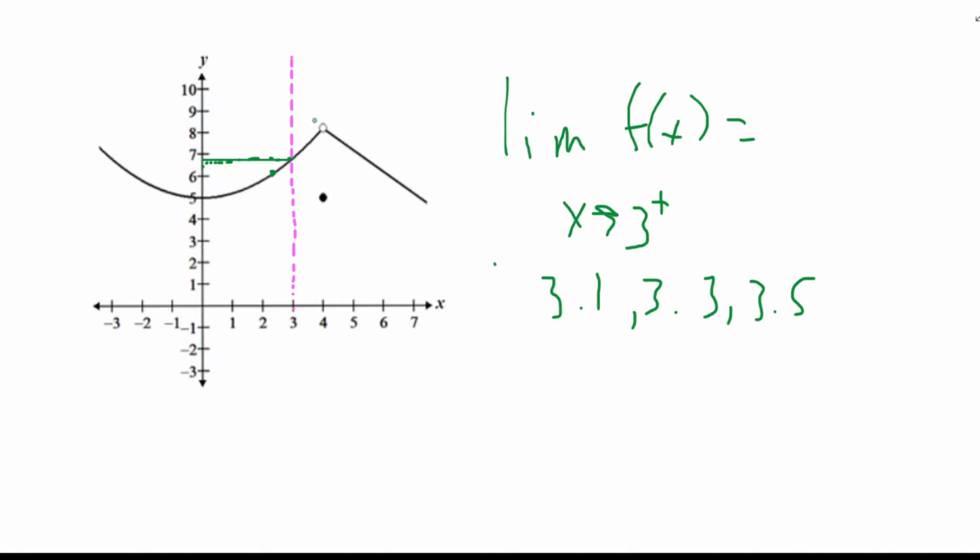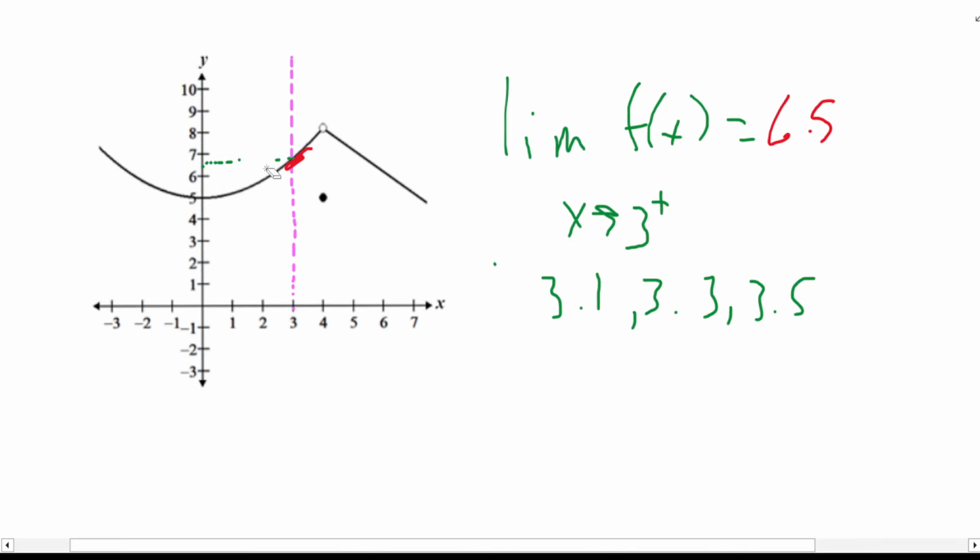So these are numbers to the right of 3. You're going to follow this line from the right of 3. And notice, where is the y value? There. It is going to be equal to, we'll just say 6.5 again. So the limit from the left-hand side and the limit from the right-hand side are equal to each other. Just know that having a plus or a minus doesn't necessarily change whether or not the limit is going to change as well.